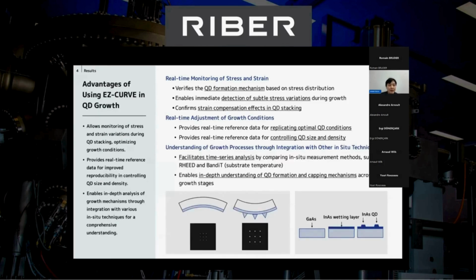Next are the advantages of using EasyCurve in quantum dot growth. It allows real-time monitoring of stress and strain that verifies the quantum dot formation mechanism based on stress distribution. It enables immediate detection of subtle stress variation during growth, and confirms strain compensation effects in quantum dot stacking.